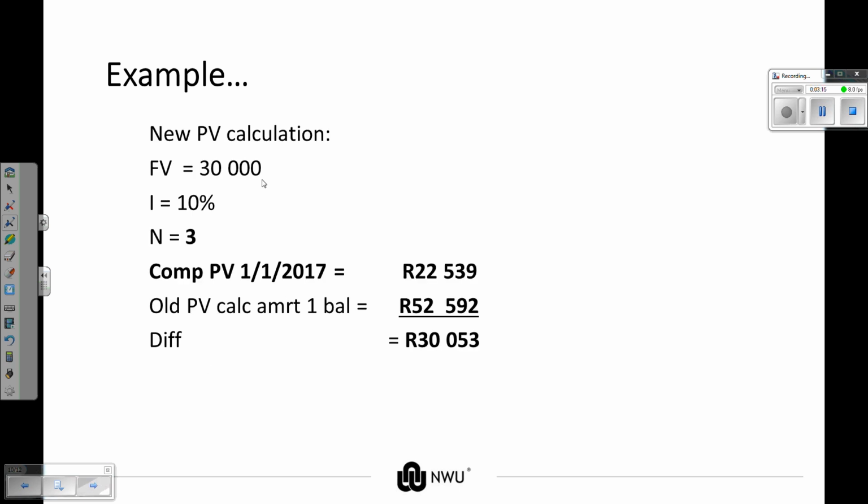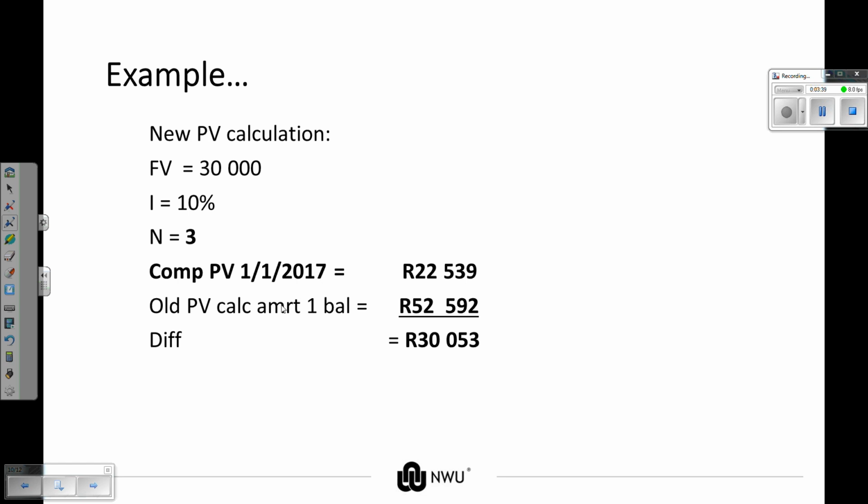Again, at the beginning of 2017, my future value changed. Now it is 30,000. I still have to pay this end of 2019. 10 is still the same, but the period is now 3 years, as I only want to compute a present value to beginning of 2017. So present value is then 22,000.